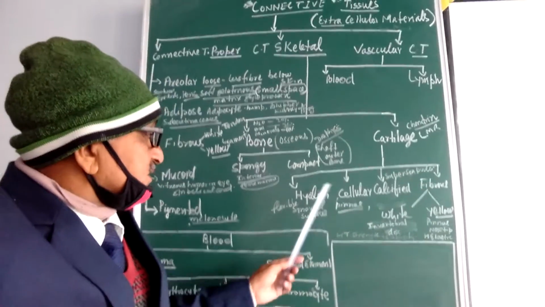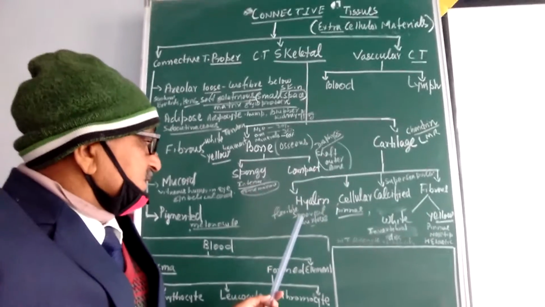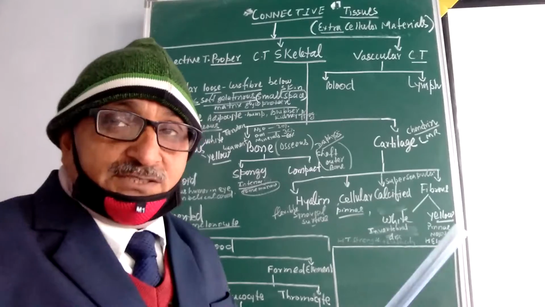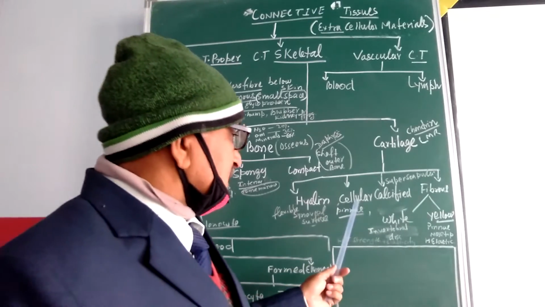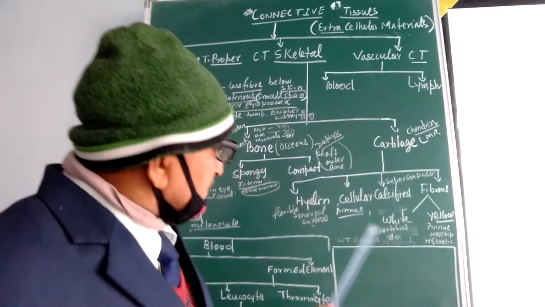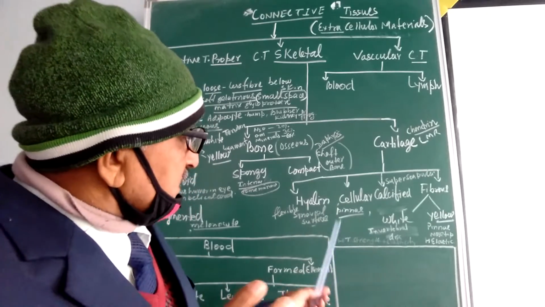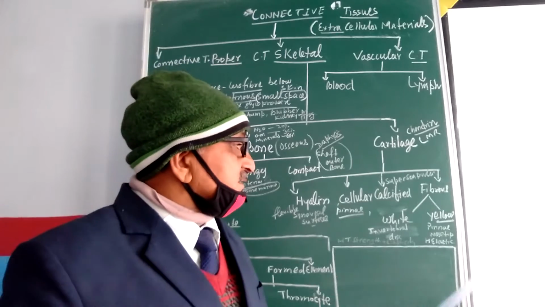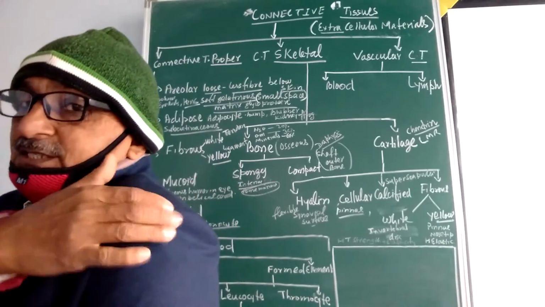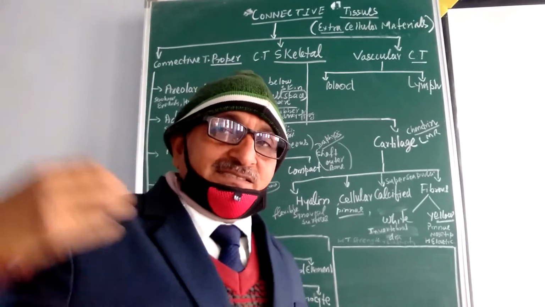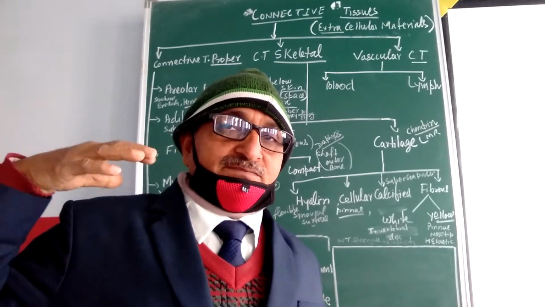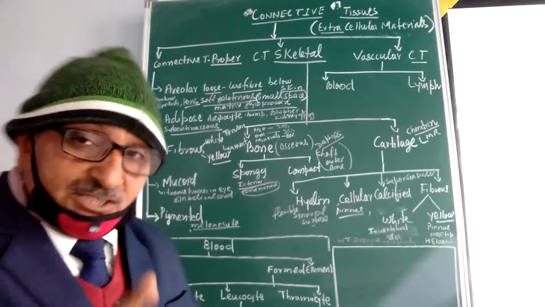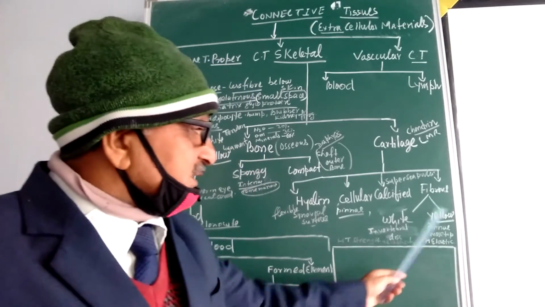We'll see cartilaginous tissue: hyaline cartilage, which is flexible, present on synovial surfaces, synovial joints. Then calcified cartilage, as in the suprascapular region; in old age this region generally protrudes due to calcium deposition, so it is calcified. Fibrous cartilage again has two types of fibers, white and yellow.